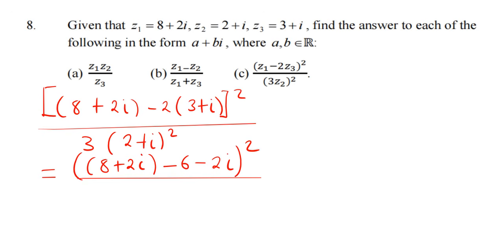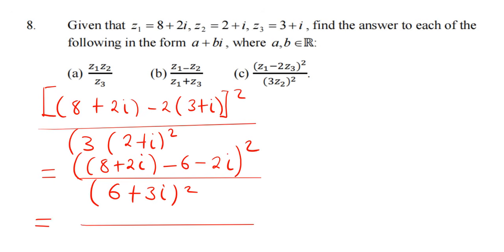Then on the other part, down there we have a square. The square is outside. So I'm going to distribute again also the 3. The 3 multiplied by 2, I'm going to have 6 plus 3 multiplied by i, that is 3i. Then don't forget there's a square outside as well here.